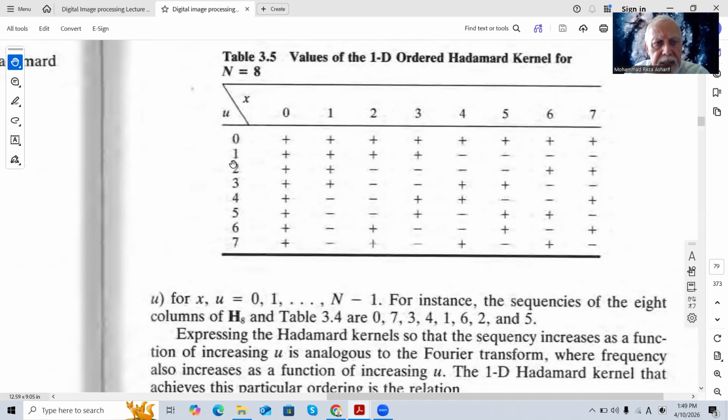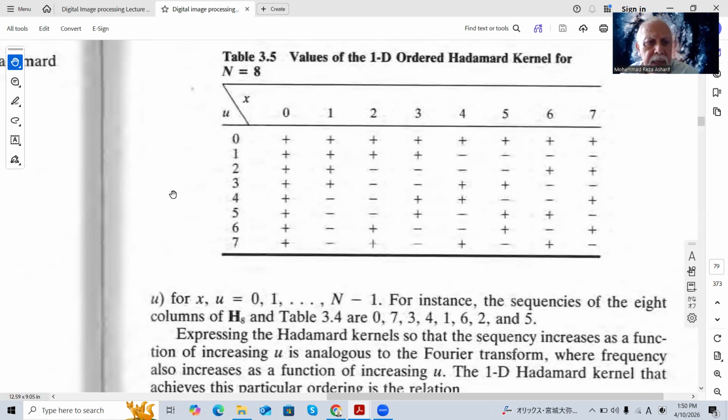For the second spectrum or frequency, it is plus and minus. For the third, number 2 is minus and plus.